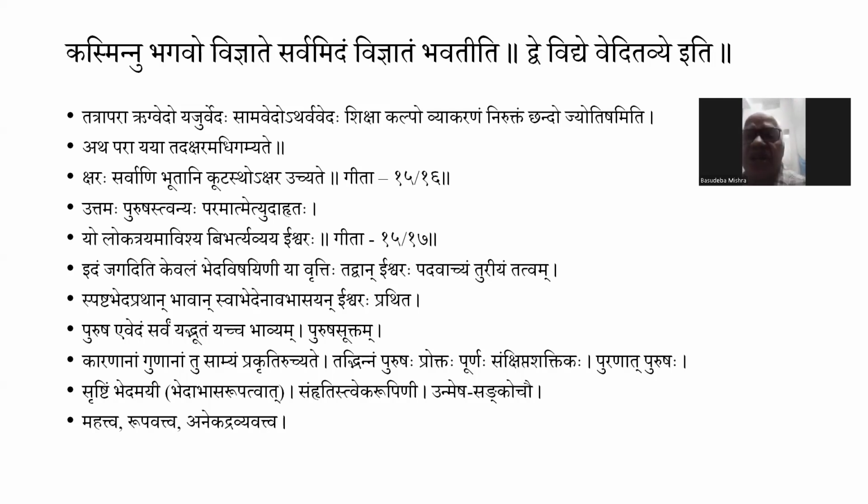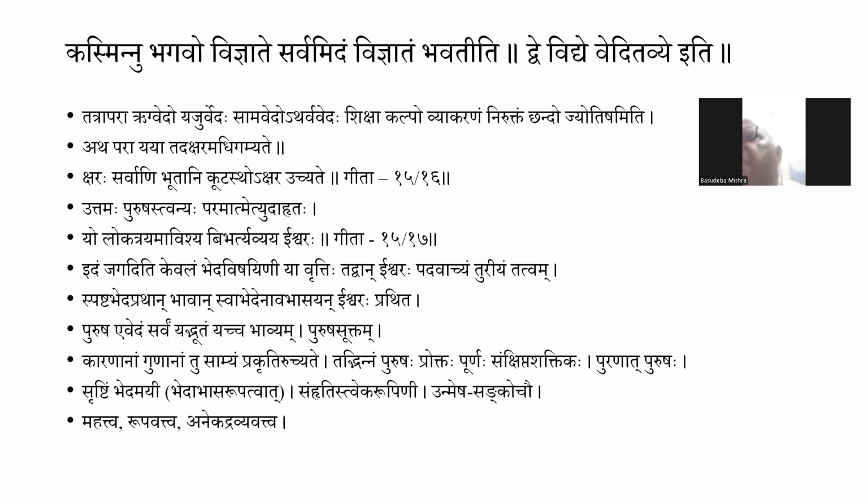It is Avyaya, we call it the idam jagaditi kevala bheda visayani ja vritti. So, discreteness. The universe, we don't accept it as expanding. We accept it as a static, closed structure. Unless it is closed and discrete, we cannot know about anything. For knowing about anything physical, it must satisfy three conditions. One is called rupavatva.